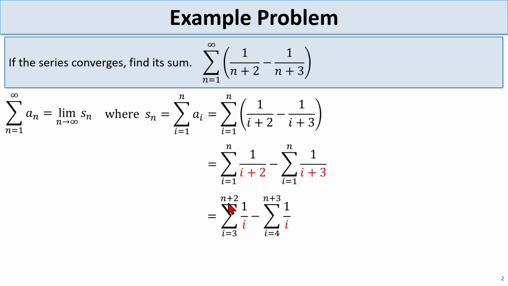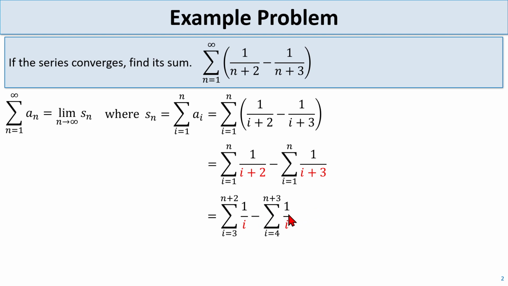So the sum should end at n plus 2. Need to change the limits of the sum for the second term as well. Here, when I plug in I equals 1, the first term would have started with a 4 in the denominator. So I'll start with I equals 4. And if I plug in I equals n, I get n plus 3. So the sum ends at n plus 3.